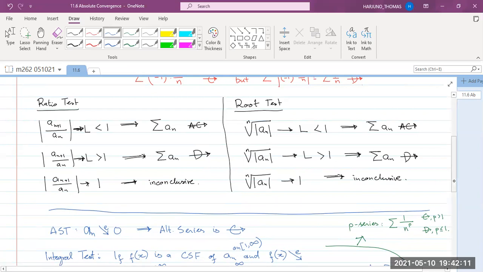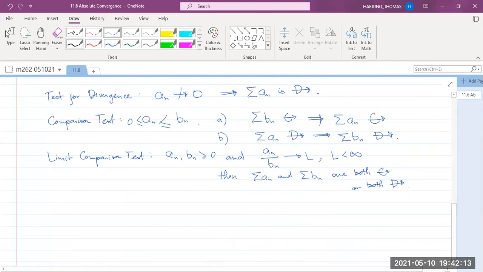Now let's start. Question number 3. The question is, determine whether the series is absolutely convergent, conditionally convergent, or divergent.